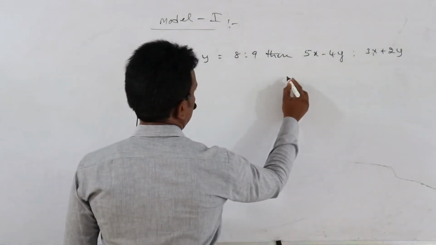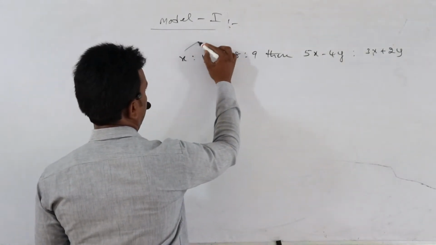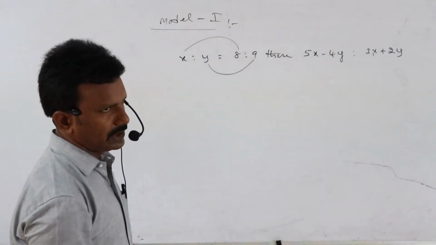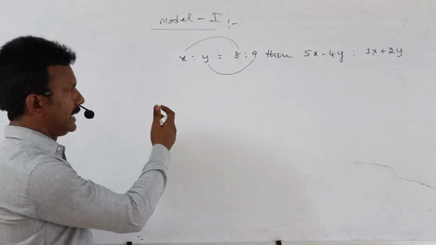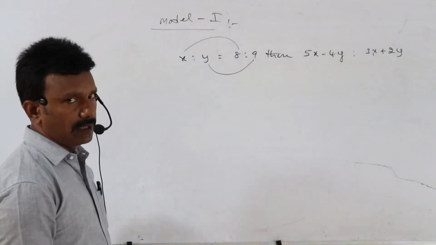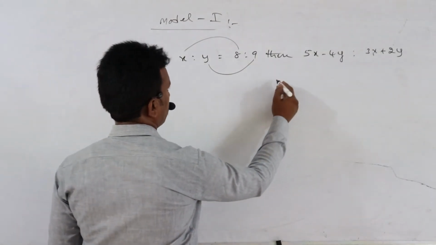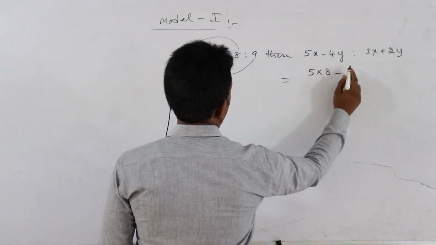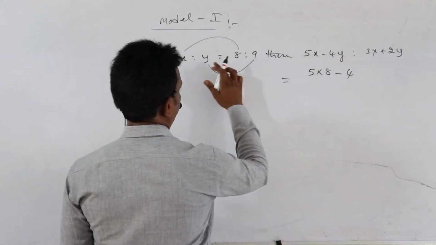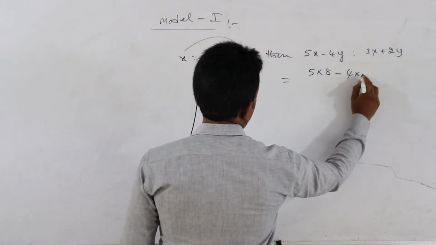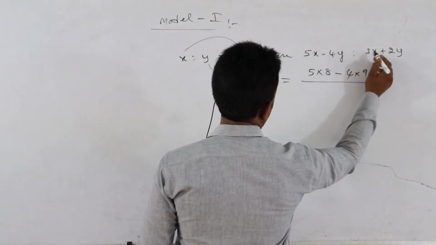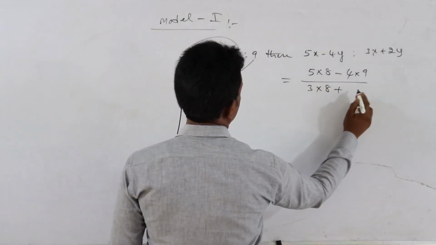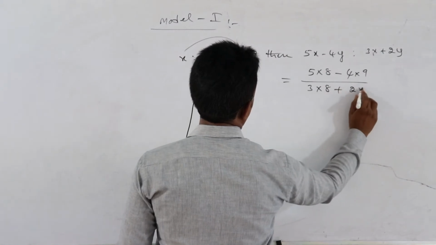So we write the substitution: x is 8 parts, y is 9 parts. That equals 5 into 8 minus 4 into 9, by 3 into 8 plus 2 into 9.